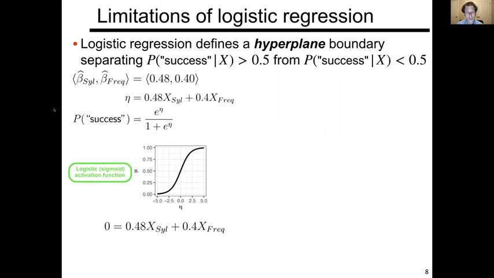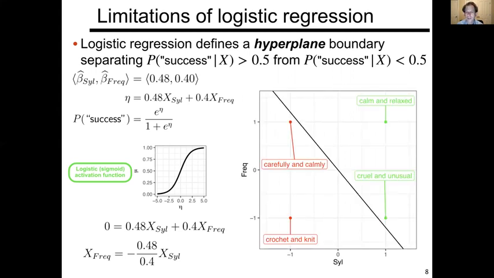When the values of x have that property, then we're on the hyperplane boundary. Solving for this, we get that x of frequency should be negative 0.48 over 0.4 of x of syllable. And we can visualize this in the following way. If we plot our examples, here are 4 examples that I plotted.